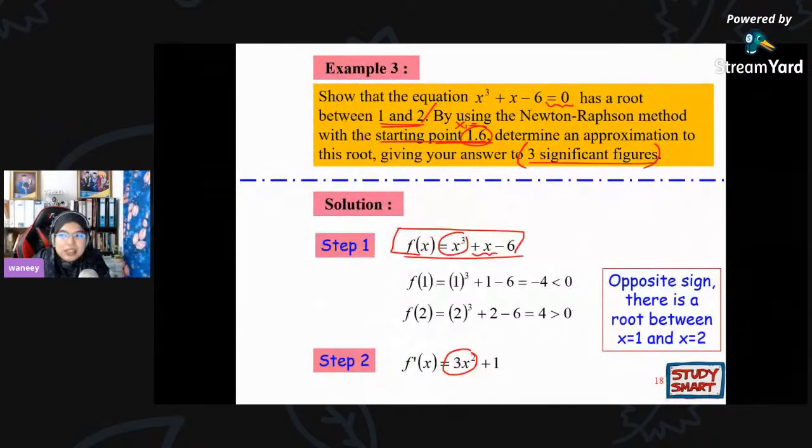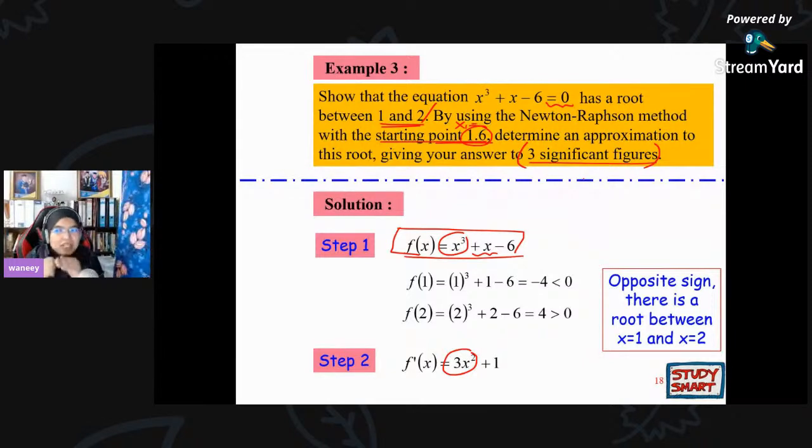So for 3 significant figures, to be safe, better for us to have around 4 decimal places. Significant figures beza dengan decimal places, but normally I prefer to make it a little bit safe. So if I want around 3 significant figures, I'll try to have around 4 decimal places.